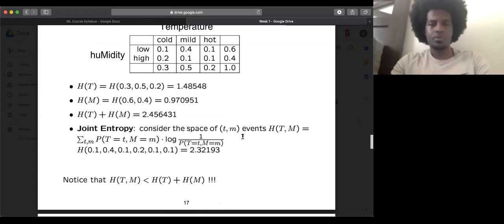So by taking the joint probability, you have more information about how temperature affects humidity and vice versa, and so lower entropy. Right, because they're not independent; there's some crossover in how temperature and humidity are related. Exactly. And that leads us into our next piece of information, mutual information.